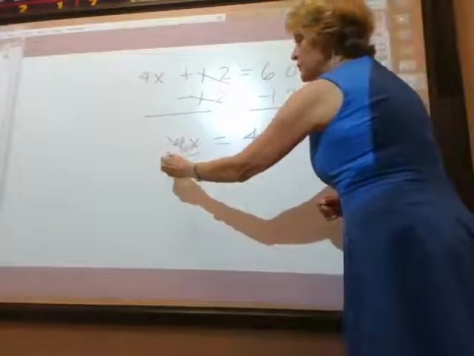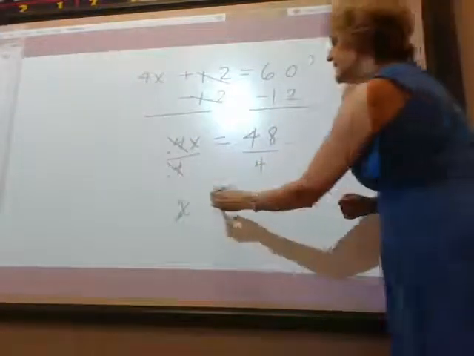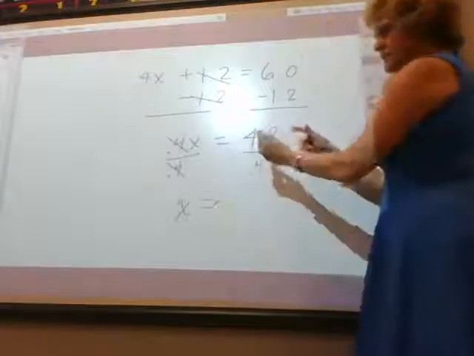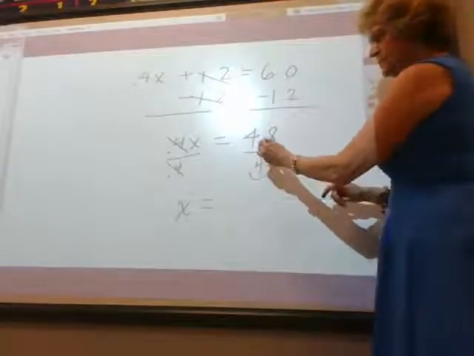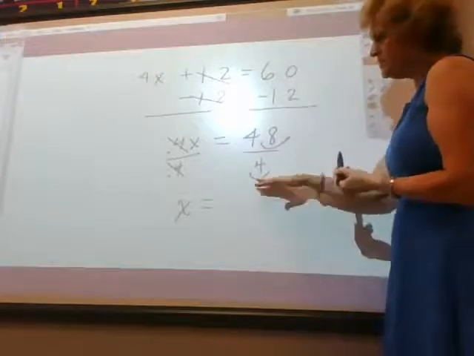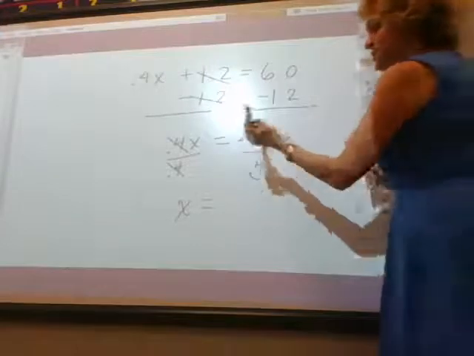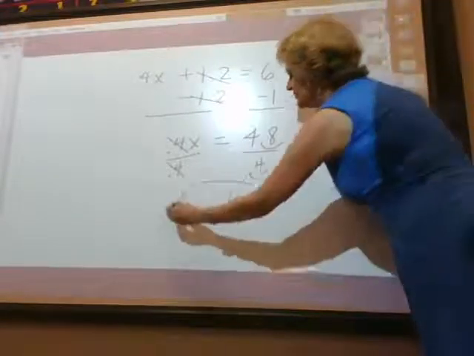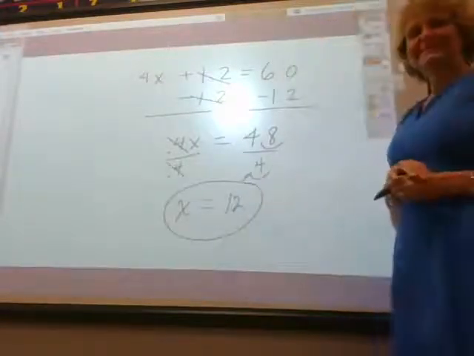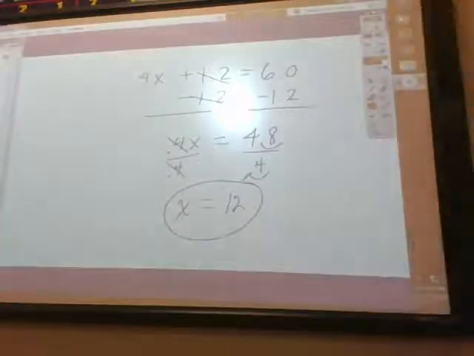So 0.4 over 0.4 is 1x. Good, that's what I want, positive 1x. Now, bottom into top, I need to make sure I move my decimals. I can't divide by decimals, so move it over. If I move it here, move it here. All right, so 4 into 48? Oh, you're right, it's 12. Very good. And again, if I plugged it in, I'd get a true statement.